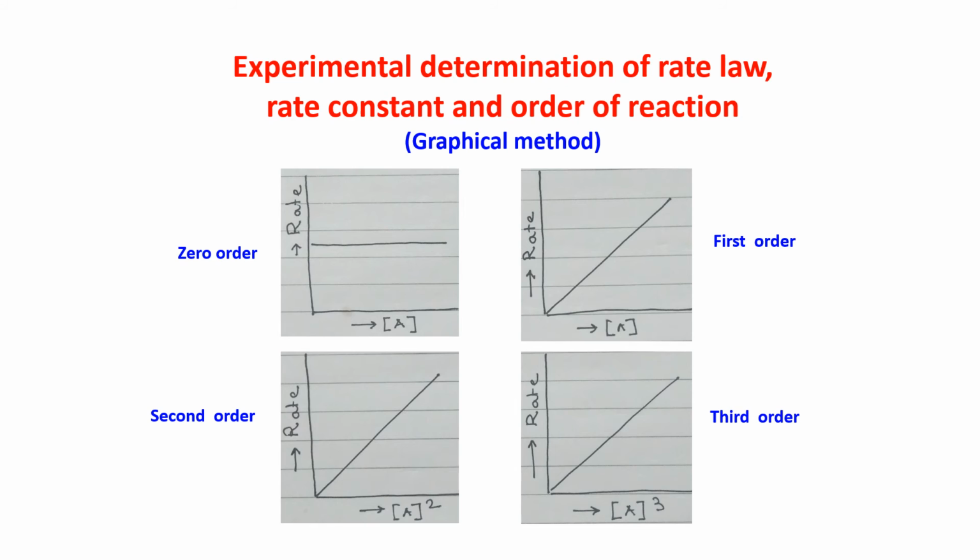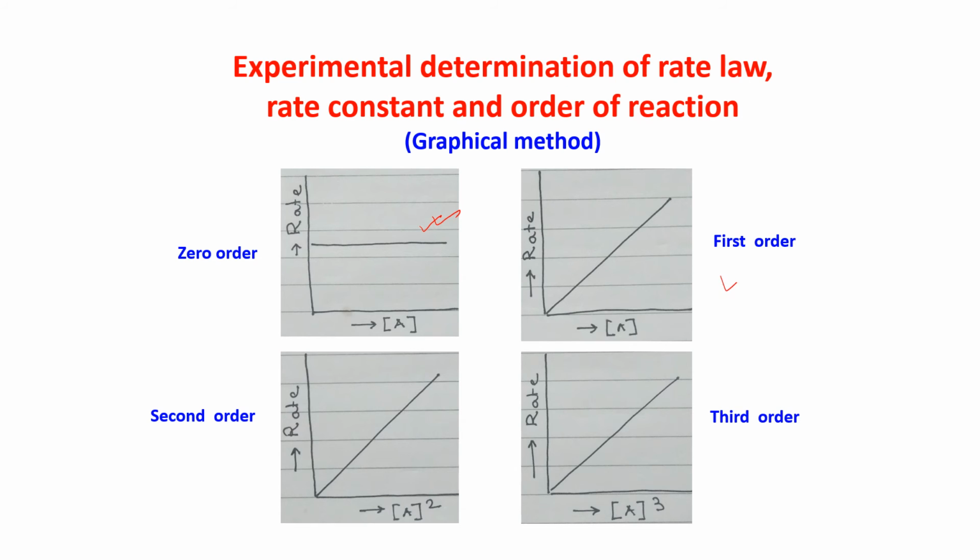Now, as you know, zero order reaction is independent of the concentration A. So, I'm getting a straight line which is parallel to the x-axis. That means it is not depending on the concentration of A. So, if you are getting a straight line parallel to the x-axis, that means it is a zero order reaction.